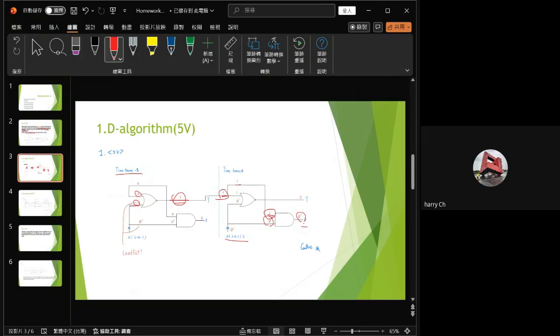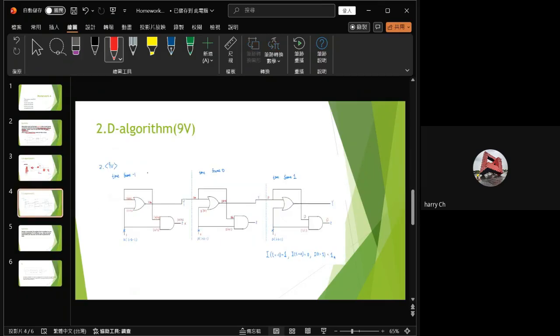So forward here, we find the S1 gives the value for this line, but the other line here is D prime. So the 0 and D prime have the conflict. So we know the 5-value D algorithm has the conflict problem in this circuit.